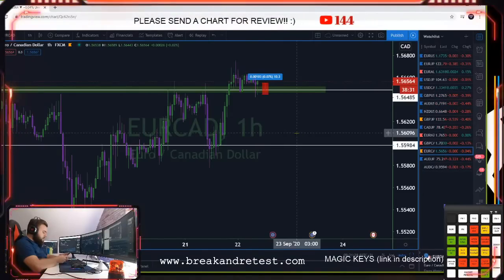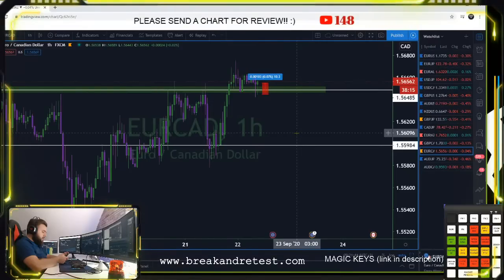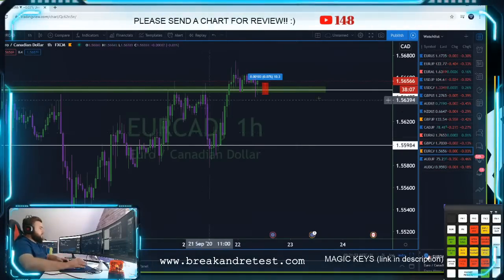We missed the retest. Now we should look at how to take an entry, like an impulse entry. If we wait for candles to close, it might take too much time, and it might go all the way up until then.